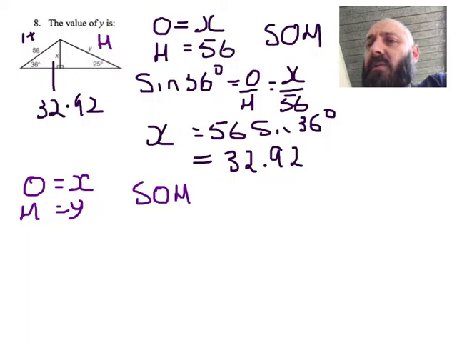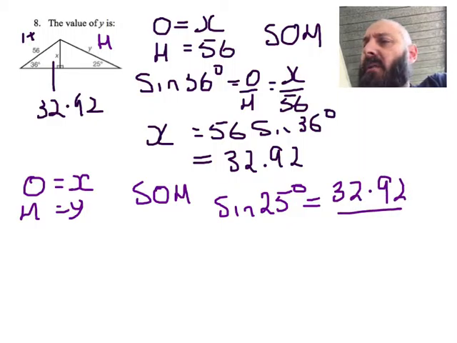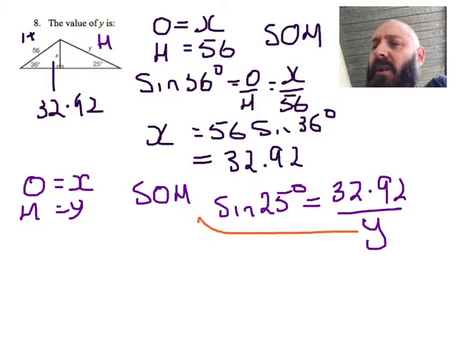SOH, so sine 25 degrees is 32.92 over y. So this time, to bring that y across, but of course that'll also mean swinging that sine down.